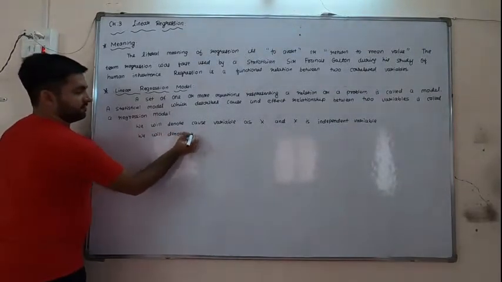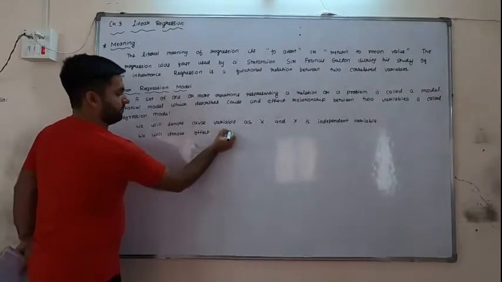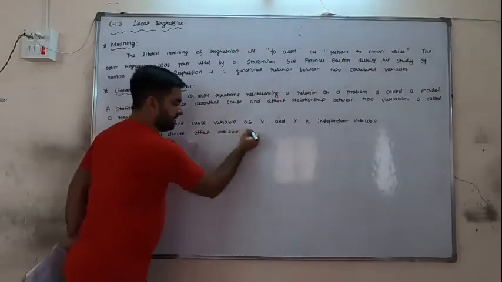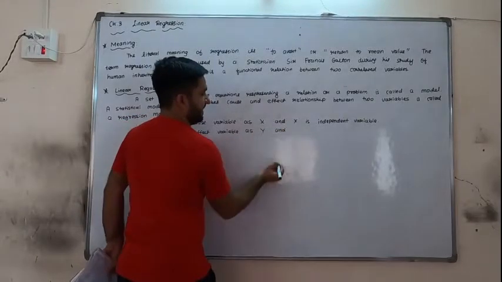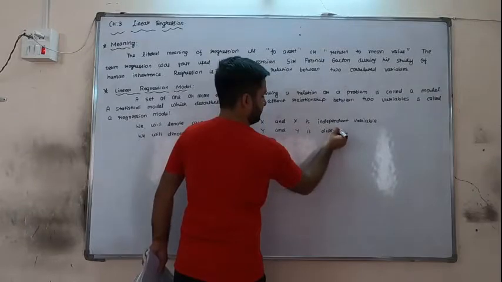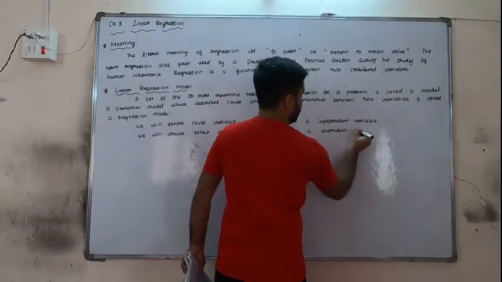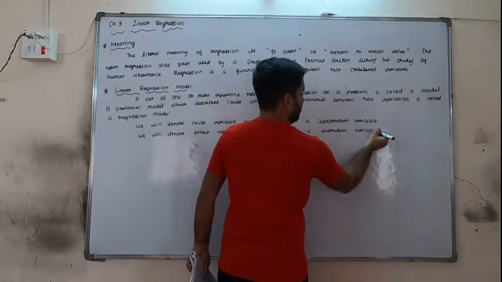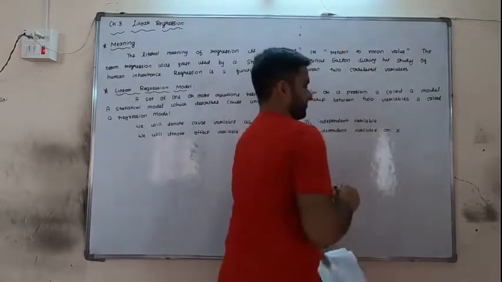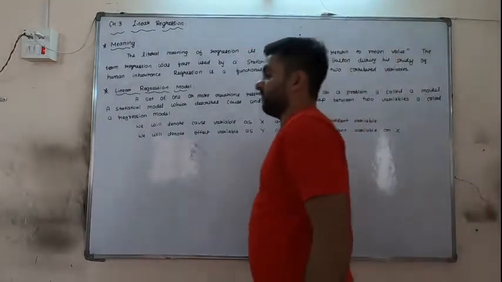We will denote the effect variable as y, and y is the dependent variable on x. So x is independent and y is dependent. So on the basis of x we will find y.